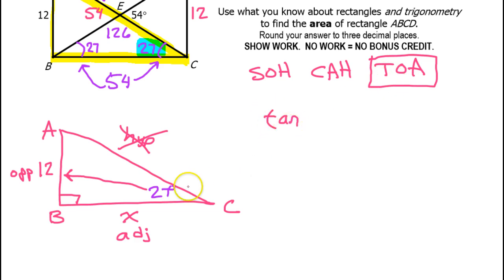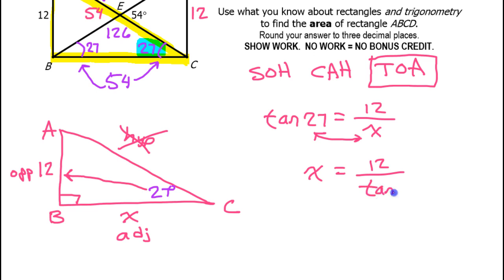So we're going to set up the equation. Tangent of the angle, so tangent of 27 is equal to opposite over adjacent. So in this case, that'll be 12 over x. And then when the variable is in the denominator, this is when you swap these. So this is going to give me x is equal to 12 over tangent 27.